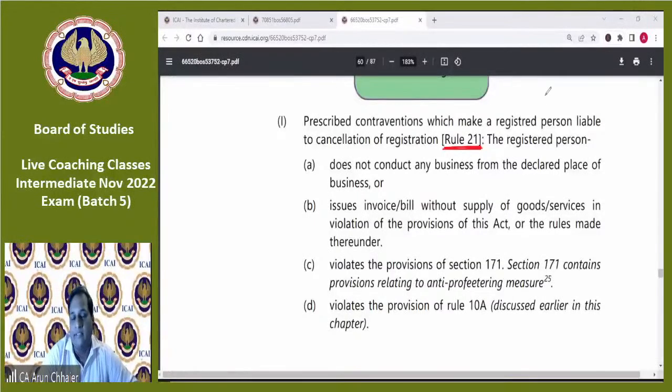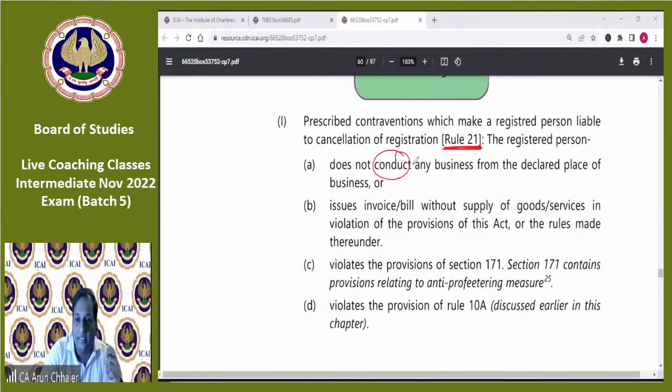In Rule 21, they are saying, see, in Section 29, subsection 2, what we have discussed, the proper officer can cancel. Clause A, the first clause, what is it saying? That on contravention of such provision as may be prescribed. What is being prescribed? Therefore, Rule 21. What is the contravention?